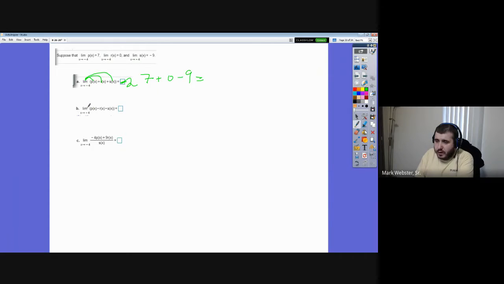Same thing for this one. Again, this limit you can distribute for multiplication, which is not something that's normal. You normally can't distribute like that over multiplication. Here, because limits are easy, you can. Anytime you've got a bunch of functions multiplied together, you can take the limits individually and then just put it back together.